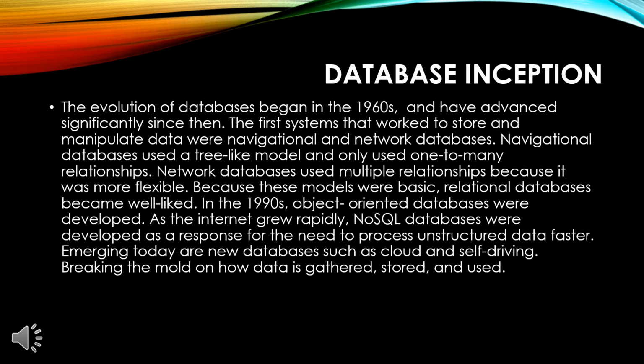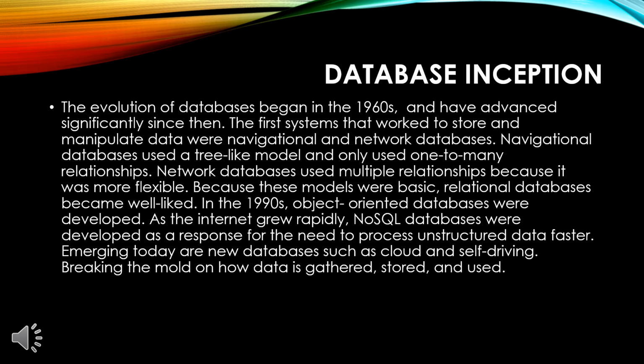The evolution of databases began in the 1960s and has advanced significantly since then. The first systems that worked to store and manipulate data were navigational and network databases. Navigational databases used a tree-like model and only used one-to-many relationships. Network databases used multiple relationships because it was more flexible.